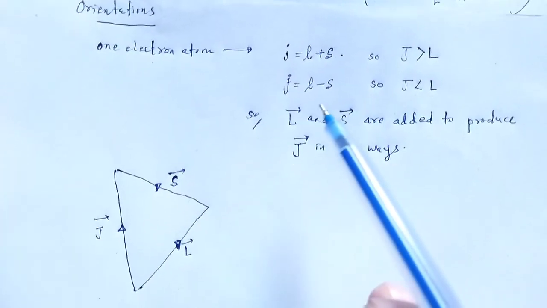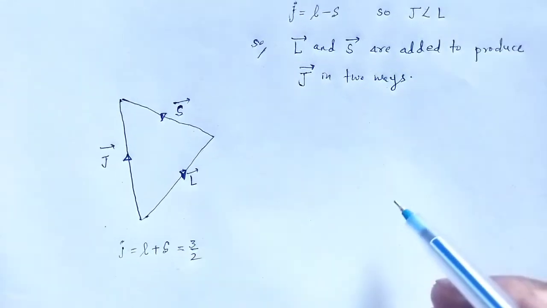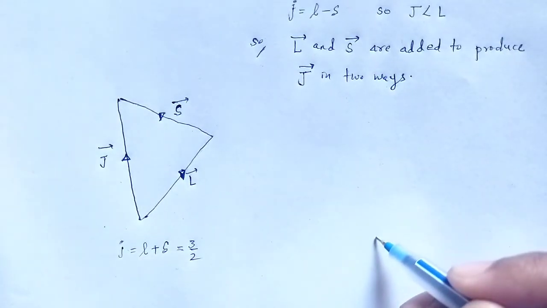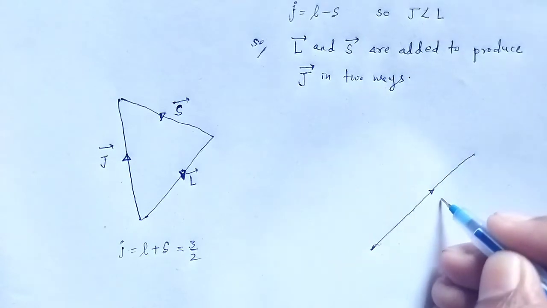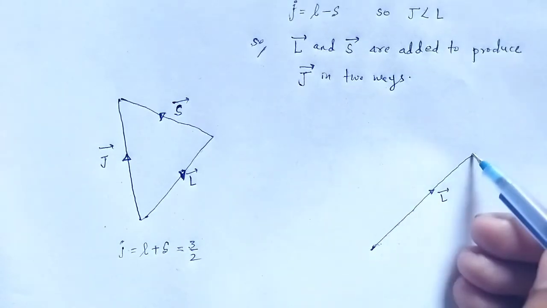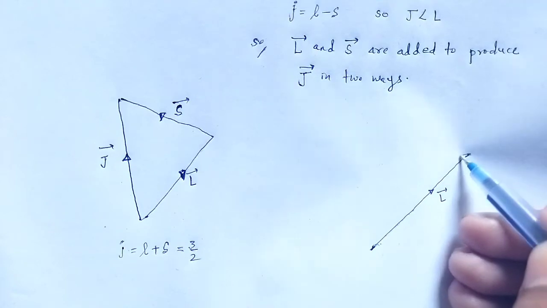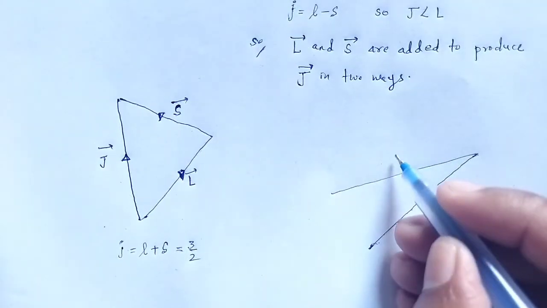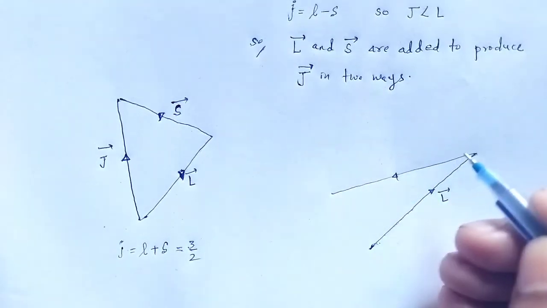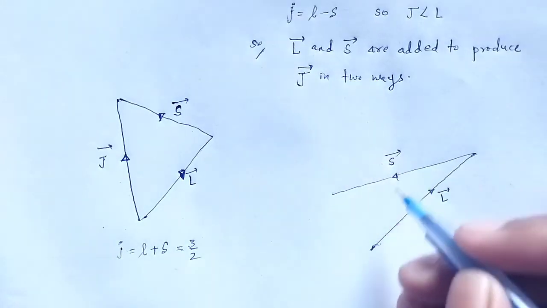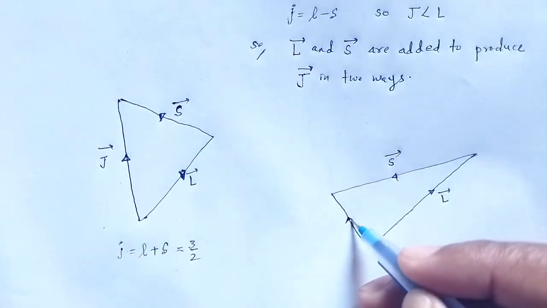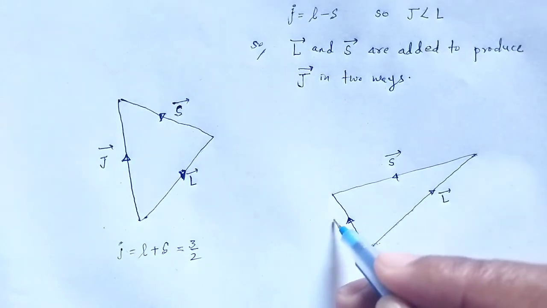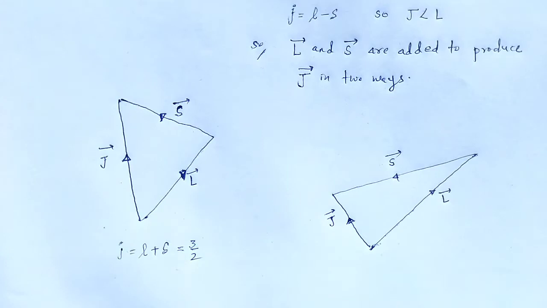Again for the second orientation, J is equal to L minus S. Let us prefer this one for the L vector, this one for the S vector, and that will be the J vector.